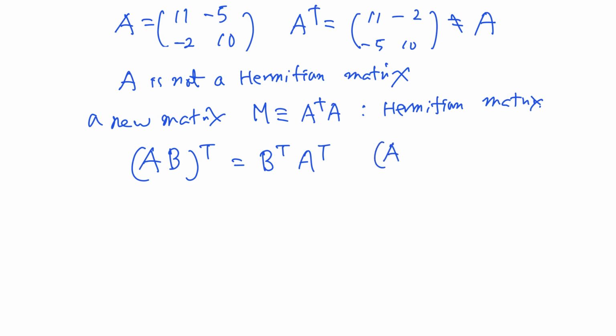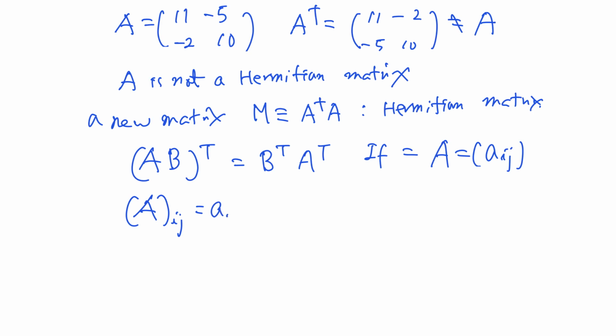If A is supposed to be Aij, then transpose of ij is Aji.